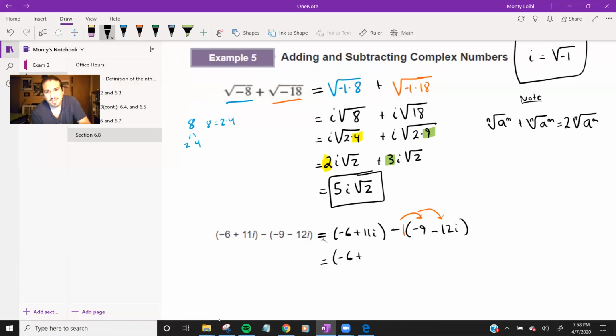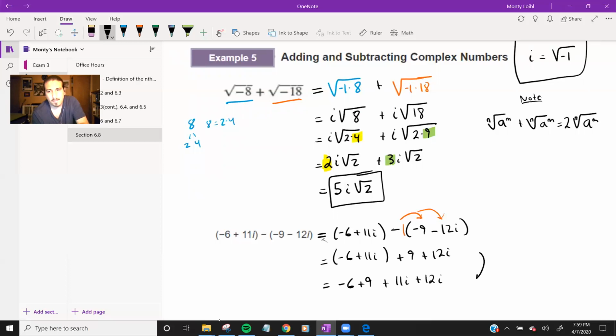So you get -6 plus 11i. -1 times -9 is a positive 9. -1 times -12i is a positive 12i. So now let's combine the real parts together and the imaginary parts together. So we got -6 plus 9 plus 11i plus 12i.